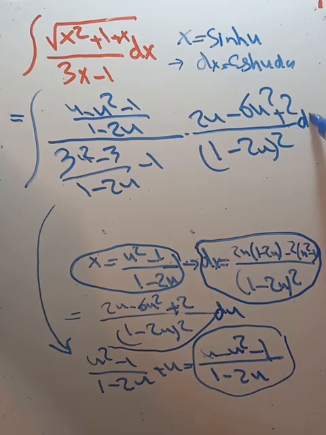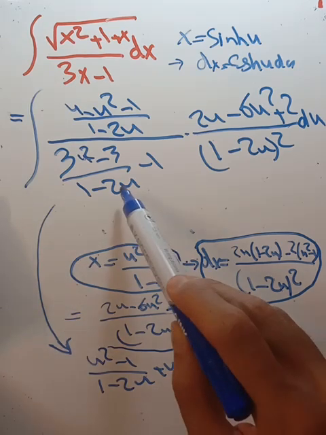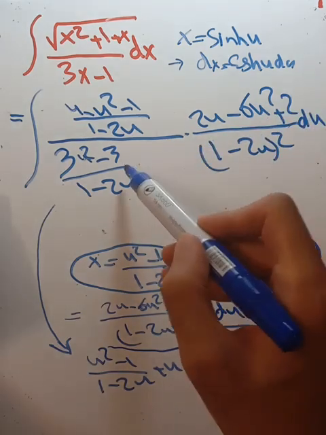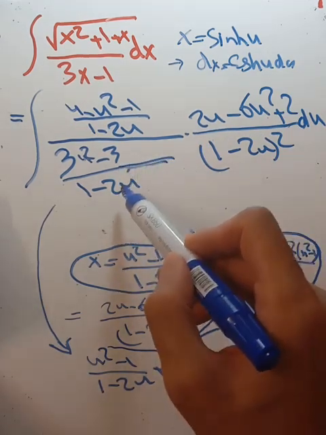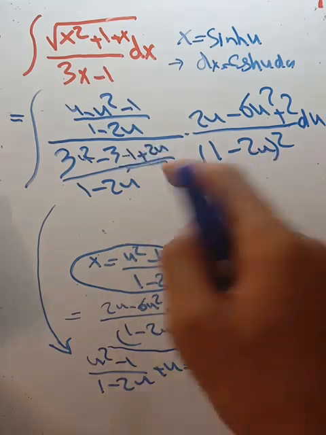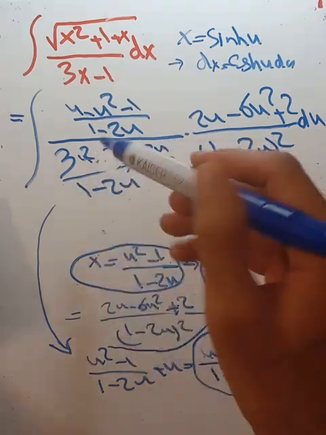Okay, du. So let's do some simplification. This would be equal to this minus the denominator, which is minus 1 plus 2u. So this is minus 4.